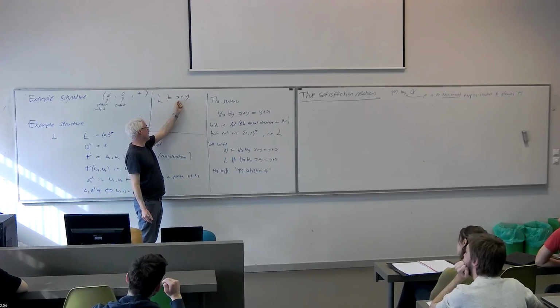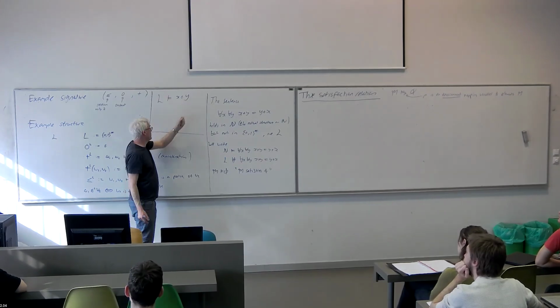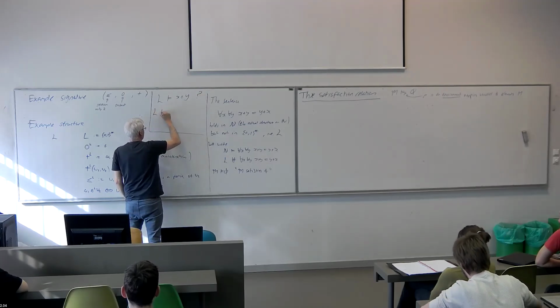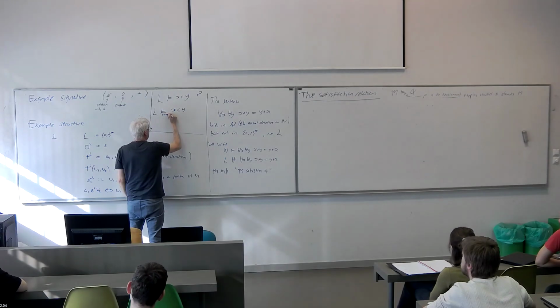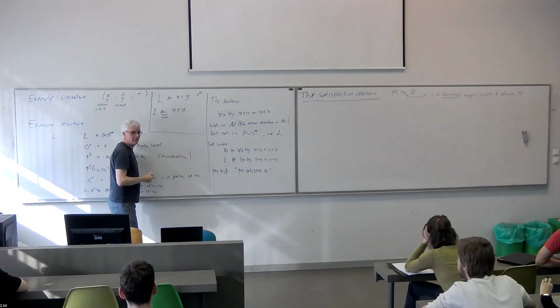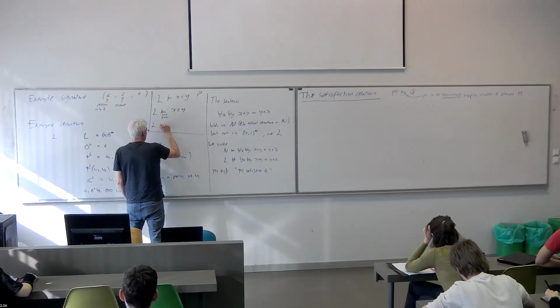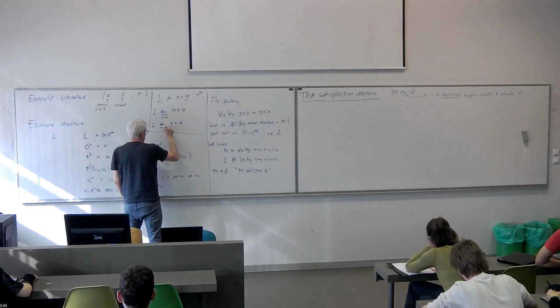But if x is a variable, we are allowed to interpret it as a list, and y is a variable, so we're allowed to interpret it as a list too. So we can say that L does satisfy x less than or equal to y if we map x to the word 0, 1, and we map y to the word 0, 1, 1. Then that would be true, but L does not satisfy y less than or equal to x if we make the same assignment.